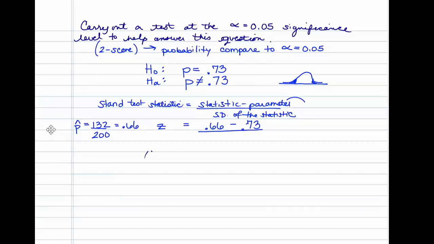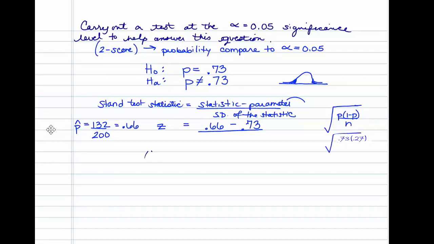Standard deviation of the statistic. We do see this on that formula sheet as well, and it says it right there with this little formula next to it, P1 minus P over N, or we've been calling it P times Q over N.